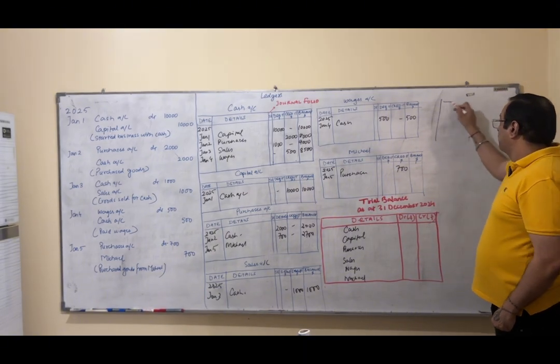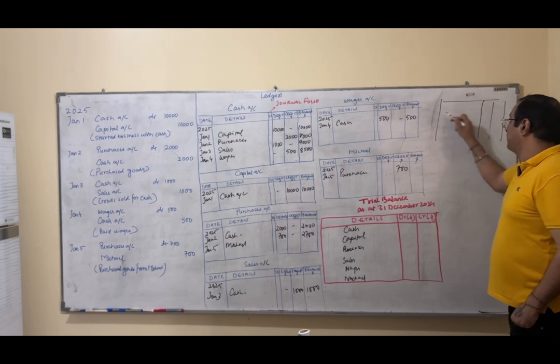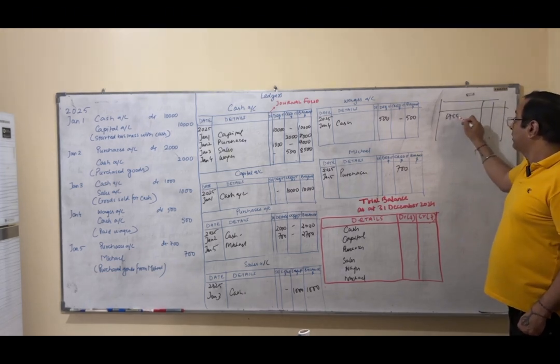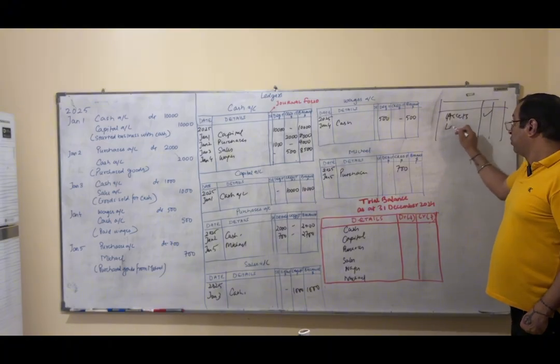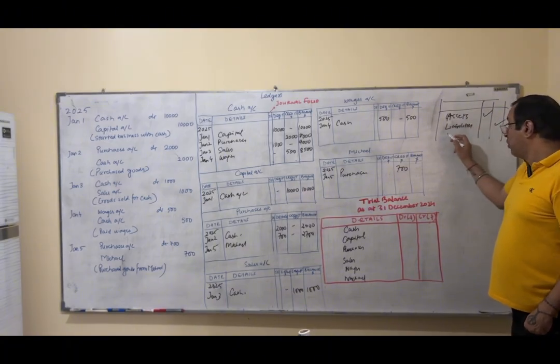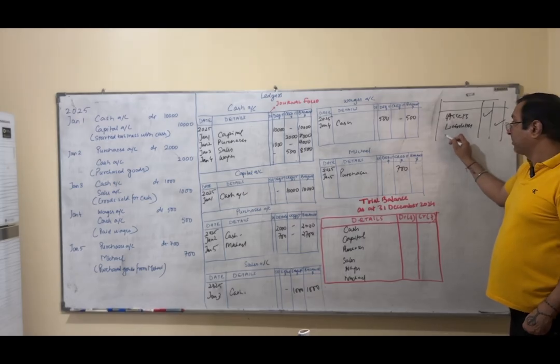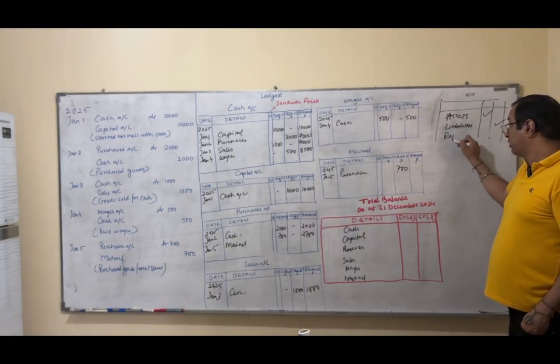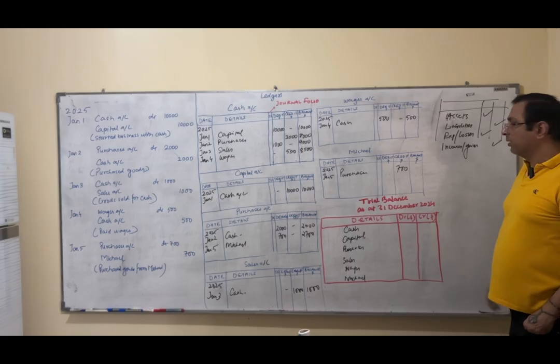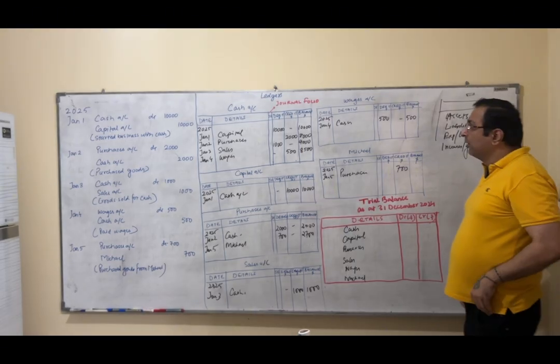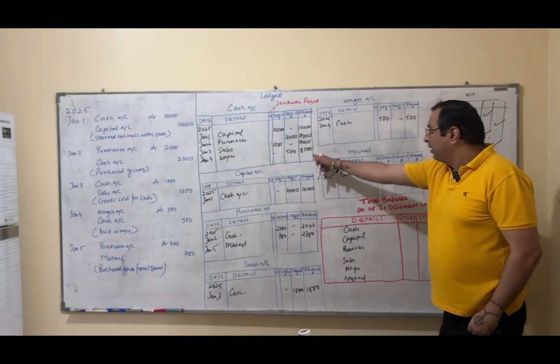Let us see the small trial balance, right? All the assets come in debit side. All the liabilities are in the credit side. All the expenses or losses, debit side. All the incomes or gains, credit side. Okay. Now, cash is an asset. 8500.